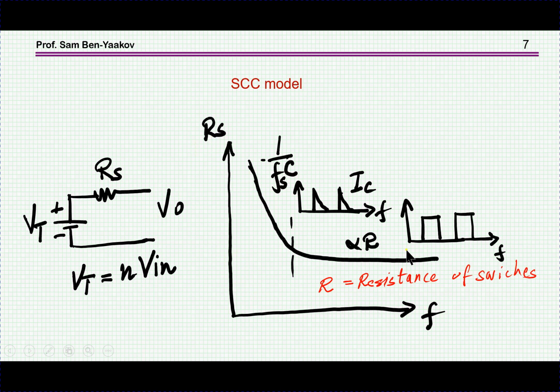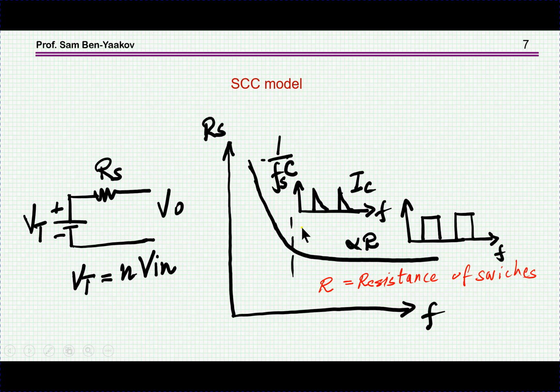At the low frequency range, the resistance is 1 over switching frequency times the capacitance of the flying capacitor, or flying capacitors. In a more involved topology, you may have a number of capacitors. And at this end, it's proportional to the resistance of the switches. Why is that?